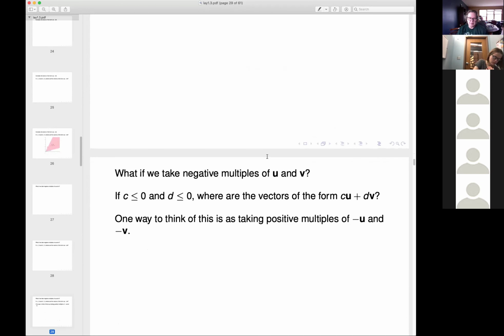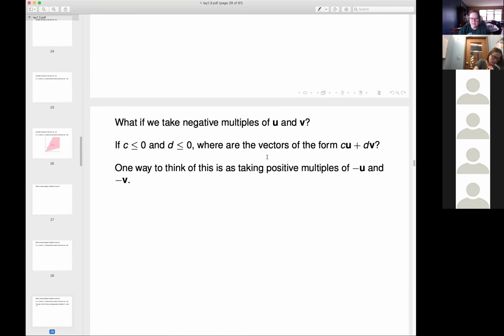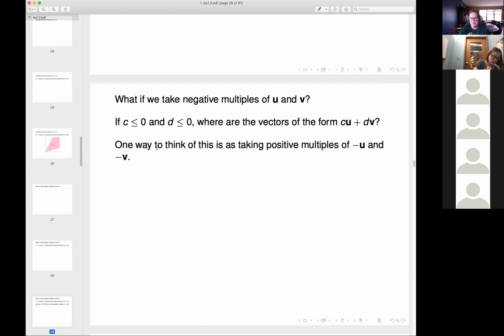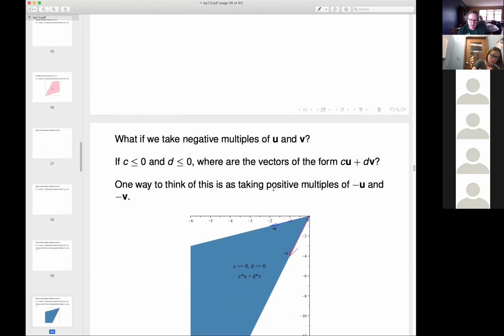And so the best way to think about this is to look at negative u and negative v, and then see what we get if we take positive multiples of negative u and negative v. At least that's the way I think about it.